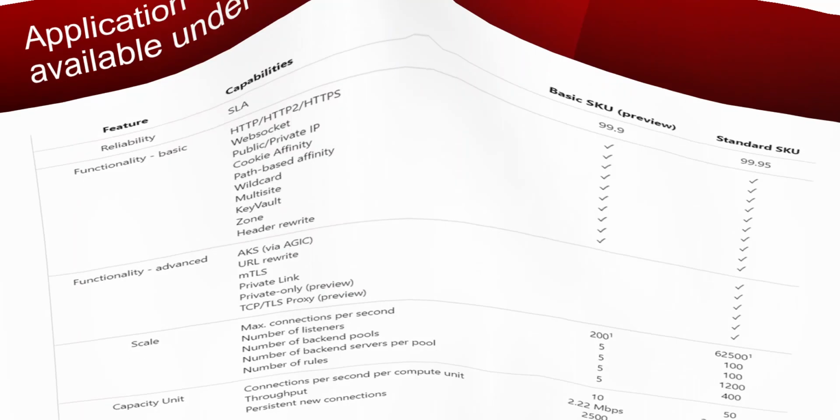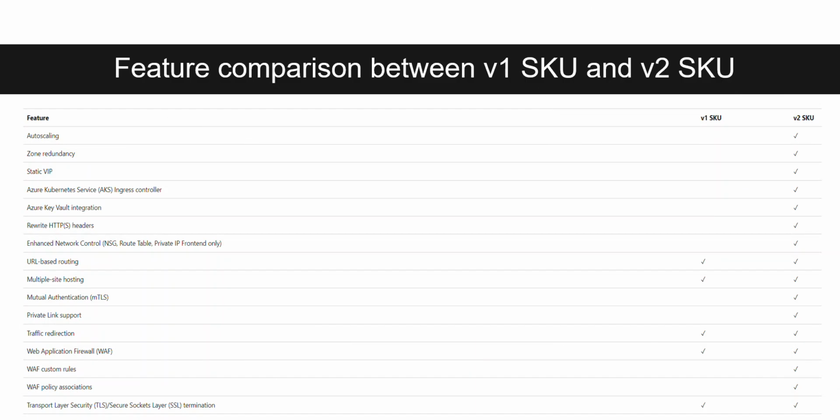If you go for the latest one, if you compare between SKU 1 and SKU 2, there are many features. If you go in SKU 2, version 2, you find auto scaling, zone redundancy, static virtual IP, AKS ingress controller, Azure Key Vault integration, rewrite HTTP headers, URL based routing. I guess URL based routing is available here also, but there are some features which are not available.